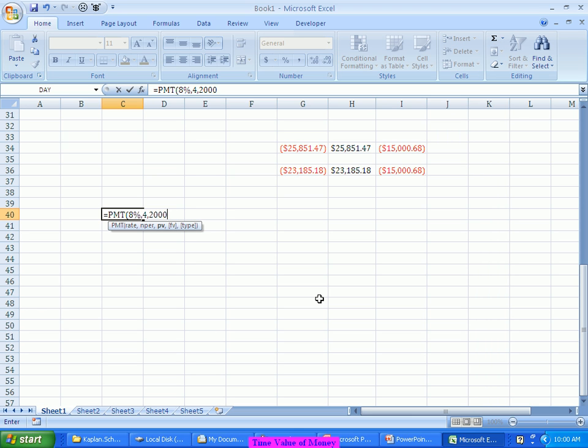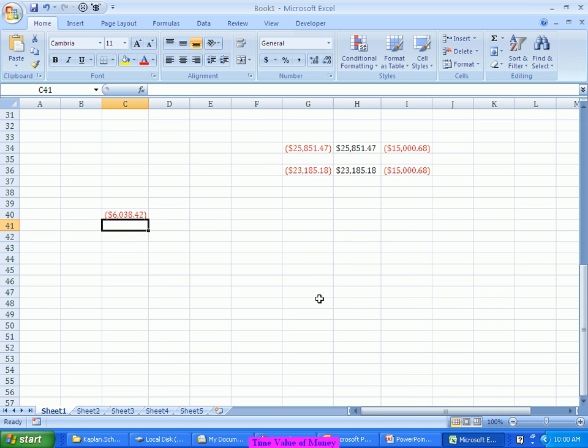I'm taking a 20,000 loan and no FV. So PMT is coming out to 6,038. Every period I have to pay 6,038. So I am borrowing 20,000 with the interest. I have to pay 6,038 every year for 4 years.